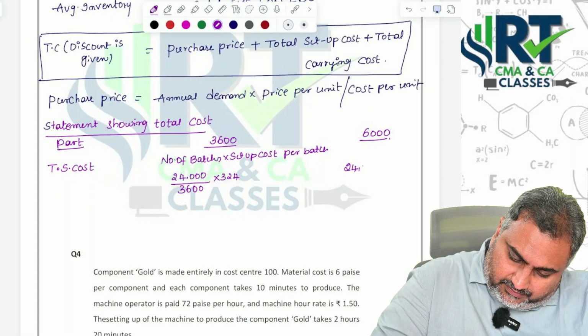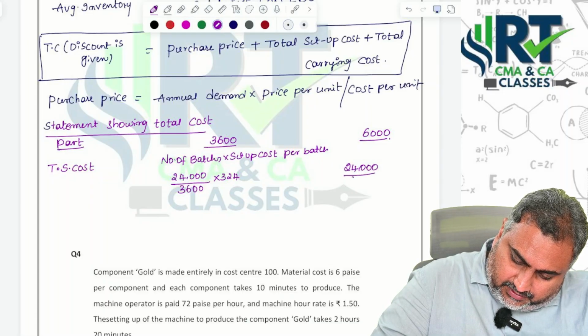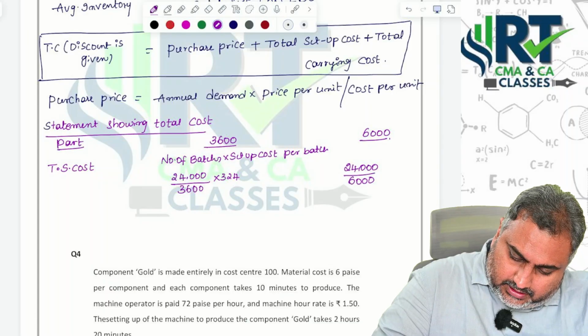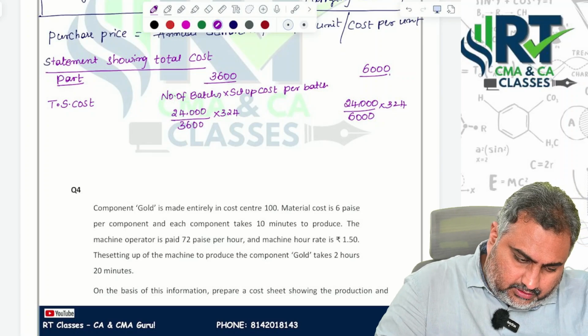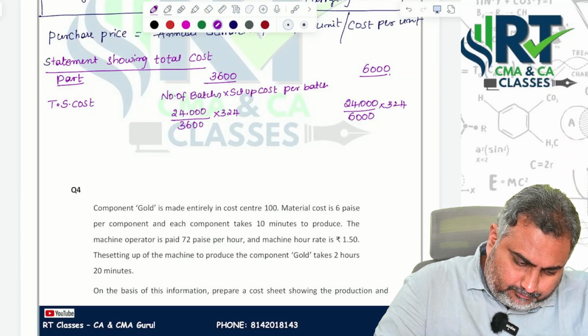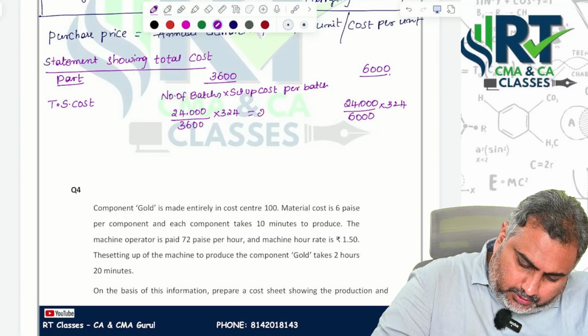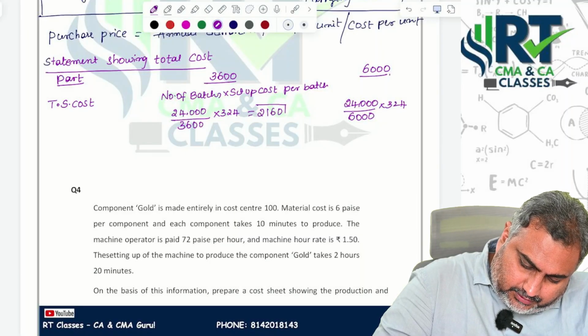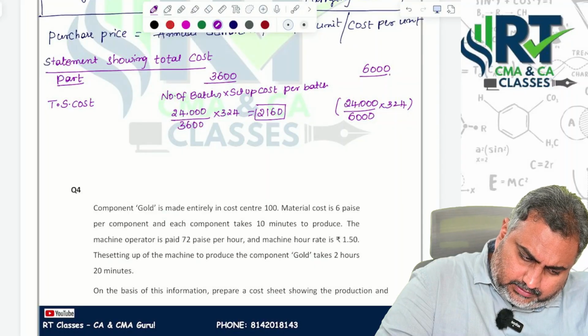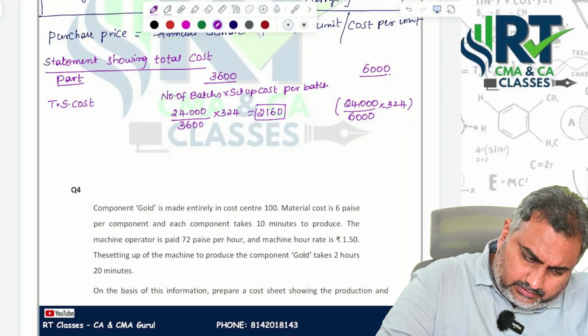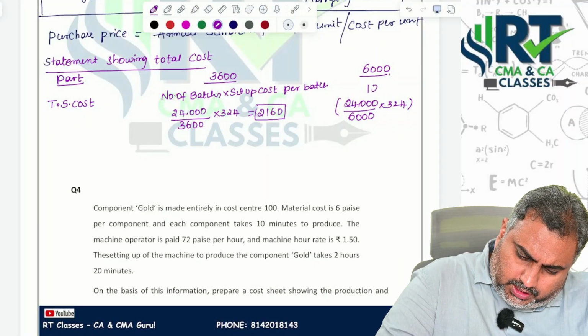Here, 24,000 divided by 6,000 into 324, that is equal to 1296.